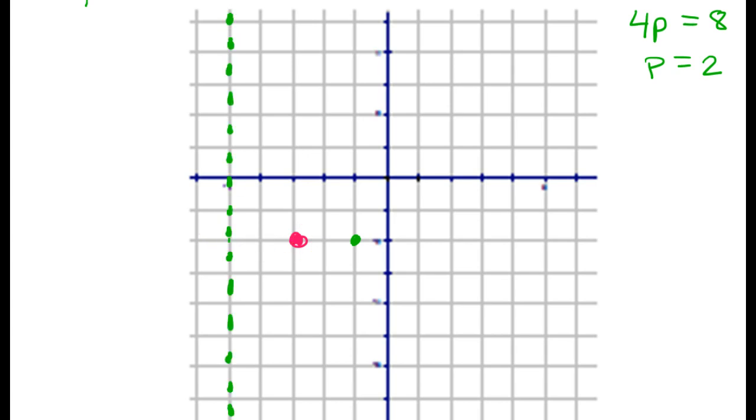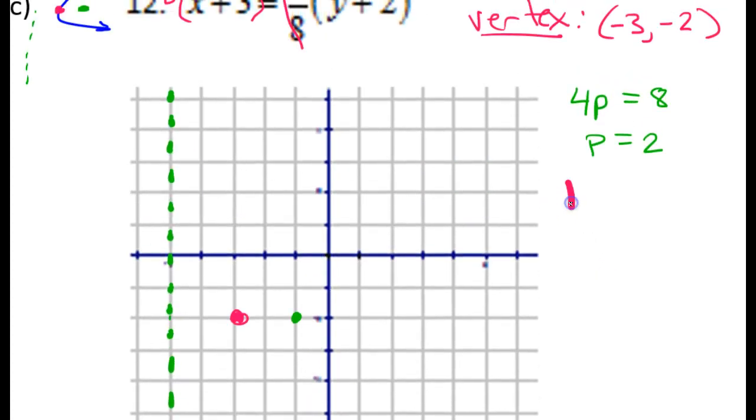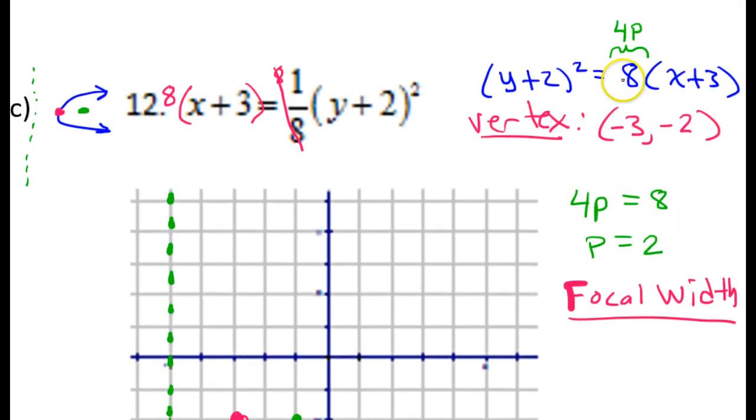So there's my directrix. We need 2 additional points in order to graph this parabola. For that, we're going to use something called the focal width. The focal width is going to come from this number right here.